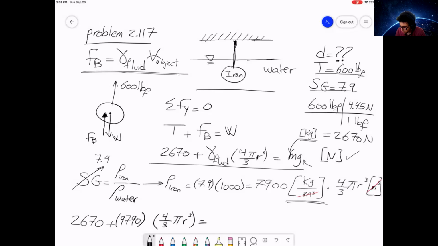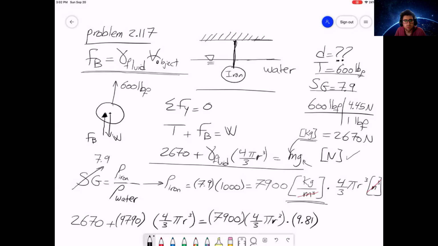It's basically density, 7,900, times 4 over 3 pi r cubed, times gravity, 9.81.